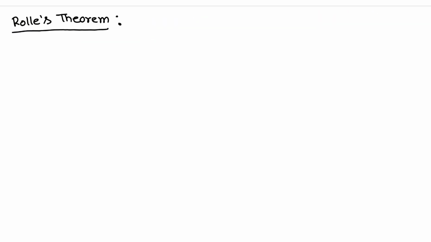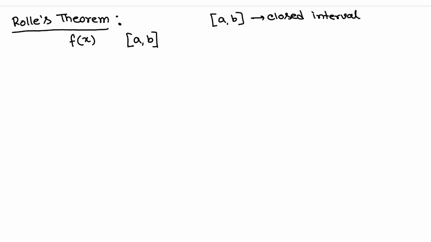So let's say you are given a function f of x, and a closed interval [a, b]. Remember, this type of interval is called a closed interval, and this type of interval is called an open interval. What is the basic difference between open interval and closed interval? Closed interval means it contains the two endpoints a and b, and open interval means it does not contain the two endpoints a and b.